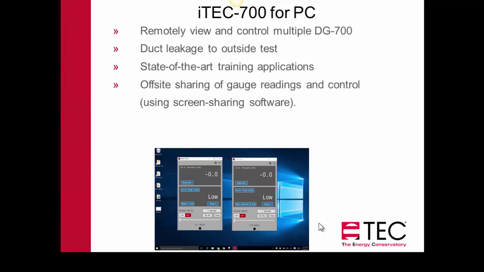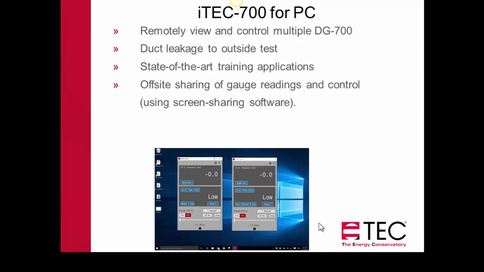If you find the need, you could use this maybe for quality control or something, where you can use a third-party screen-sharing software and use that to view somebody else's computer screen remotely, and they can even give you control. So you could control that software, and we've actually used this application where we're trying to help people do the most common application, big building tests.